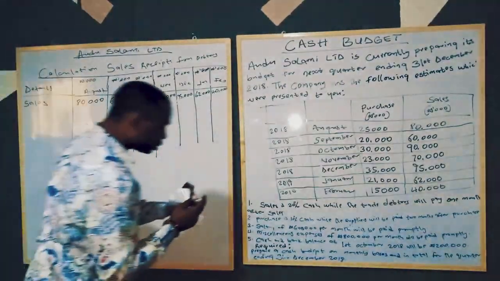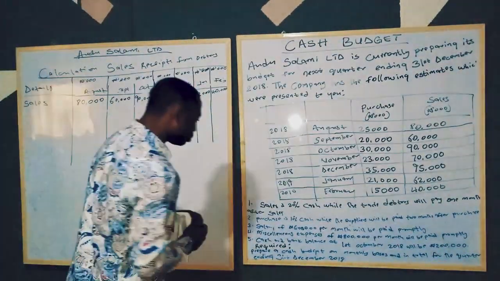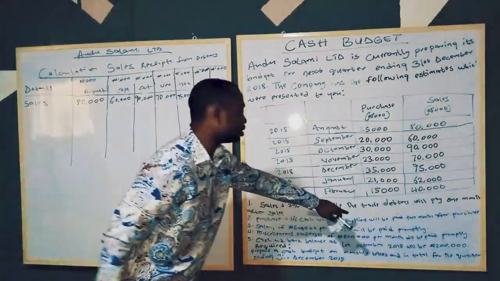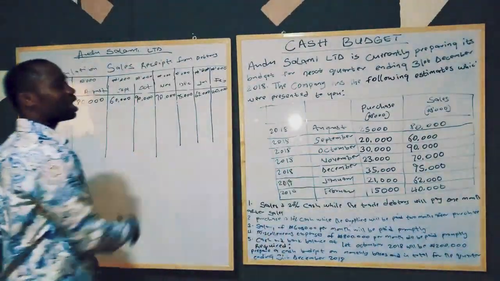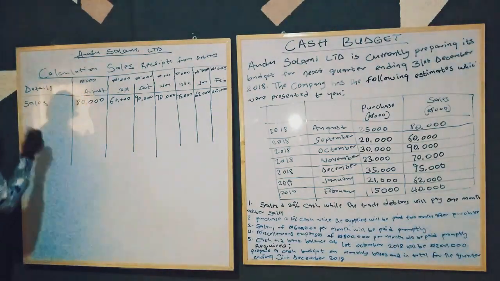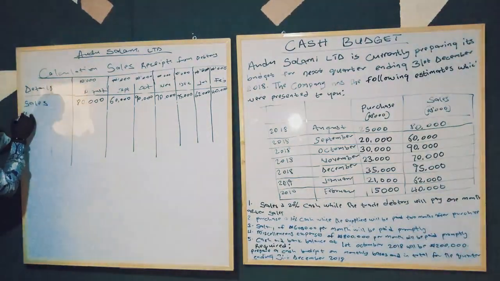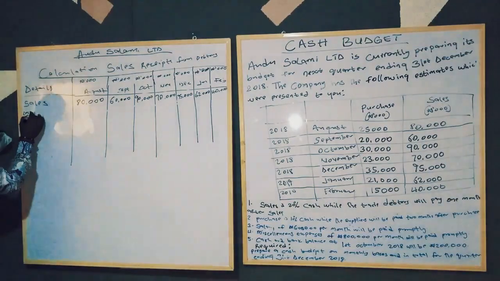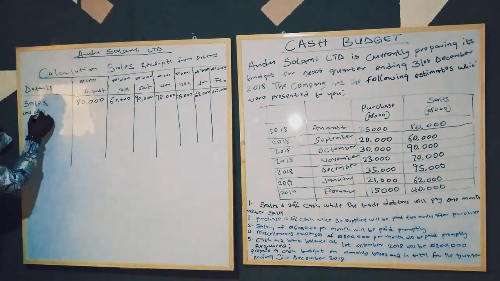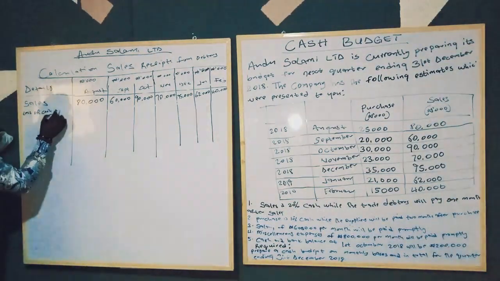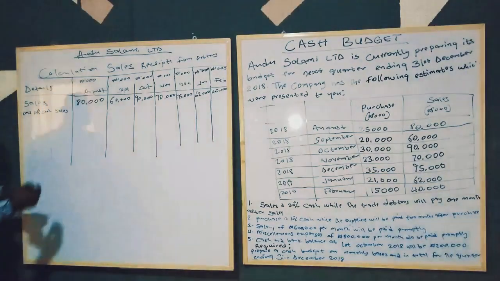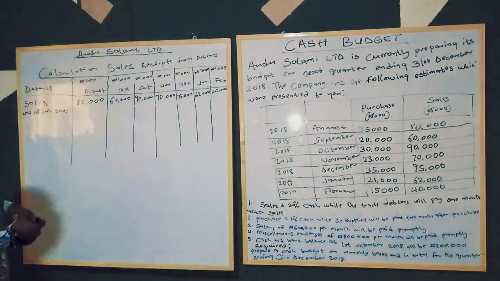Then for additional information, let us know that sales is 20% cash, while the trade debtors will pay one month after. Then from this sales, we say less 20% cash sales.